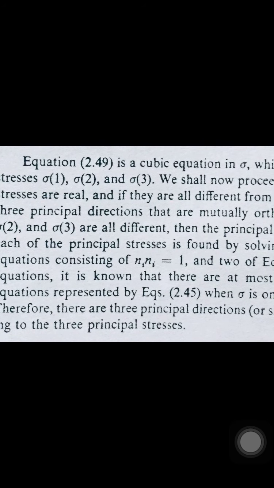What we are saying is that the last equation 2.49 is a cubic equation in sigma, which will yield three principal stresses, namely let us say sigma 1, sigma 2, sigma 3. So we get three different or same, we don't know, three principal stresses.